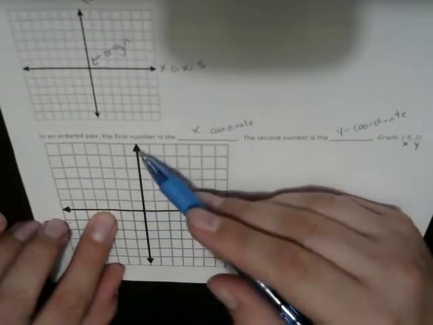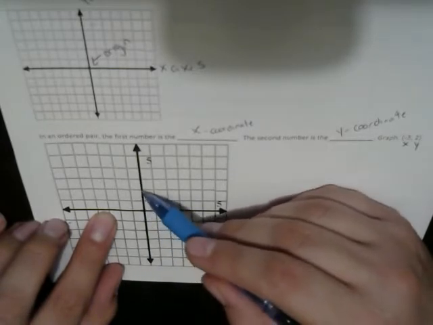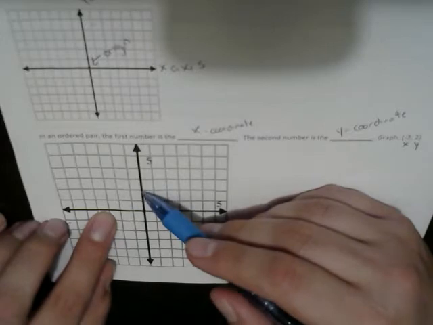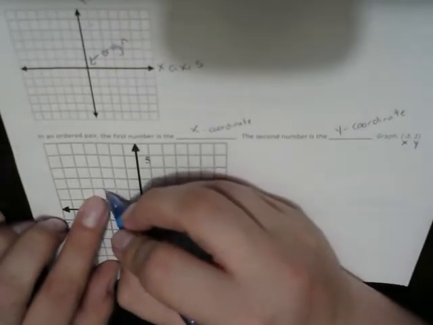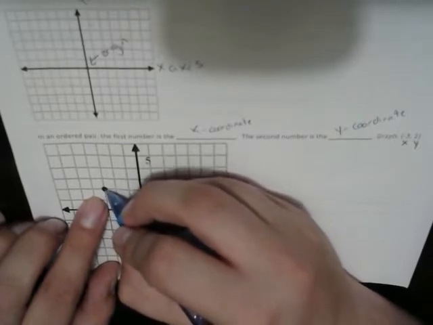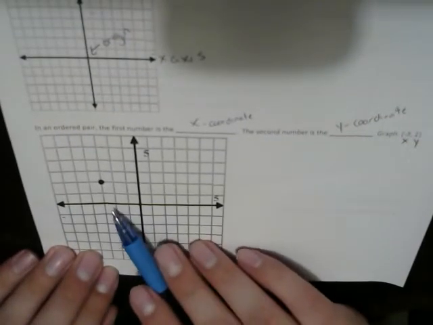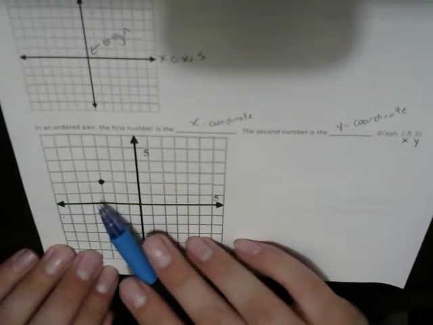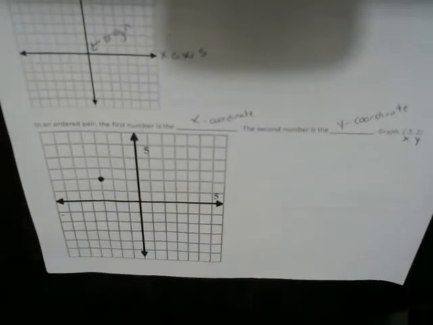Since this is positive, we're going to go up 1, 2. Where these meet, right here, is the point that we're graphing. An easier way to do this would have been to just go over 1, 2, 3, and go up 1, 2. That's how you graph a point.